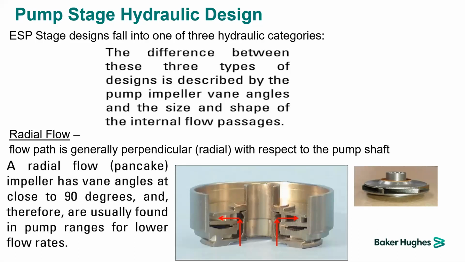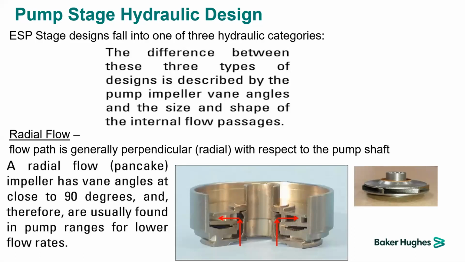For example, let us say you will utilize 20 stages for radial flow compared to 35 or 40 for mixed flow. So the radial flow is good in terms of pressure buildup and production optimization.